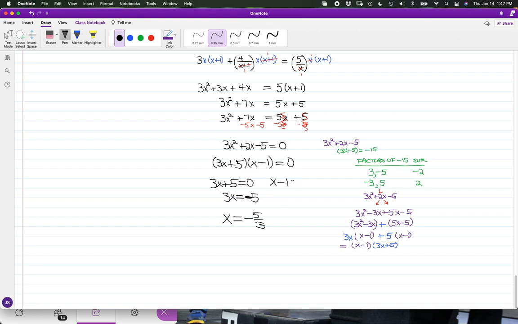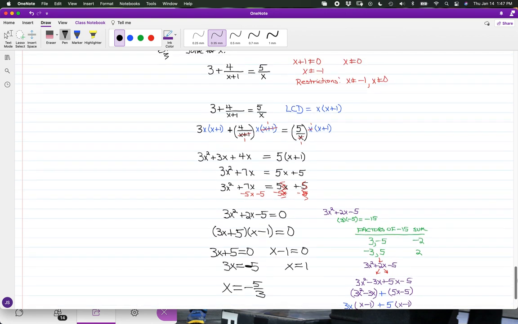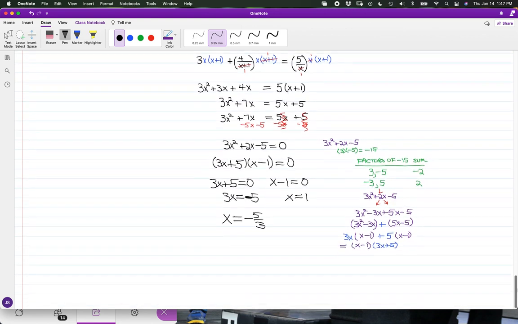And with x minus 1 equal to 0, we have an apparent solution of x equal to 1. The preconditions were that x cannot be -1 or 0, so these will check out. So we have x at -5/3 and also +1.